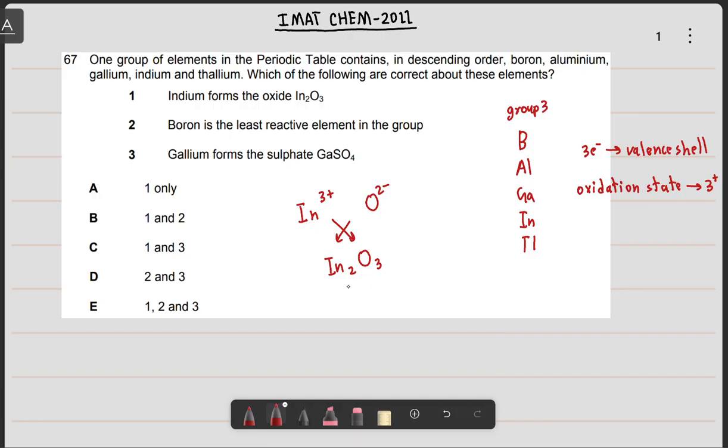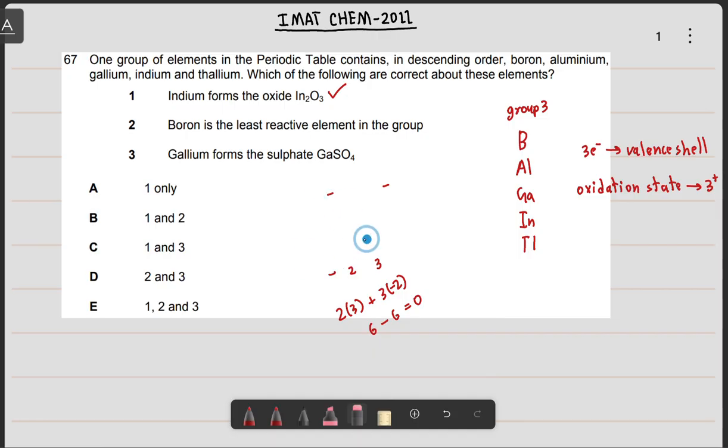So overall it balances the charge, as if we multiply the charge on indium 3 by 2 and oxygen -2 by 3, so +6 and -6, it forms 0 overall charge. This makes it stable and neutral. So that's why this option is correct.